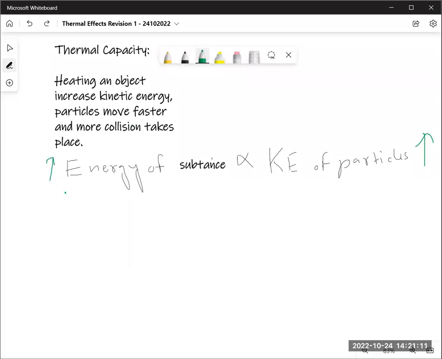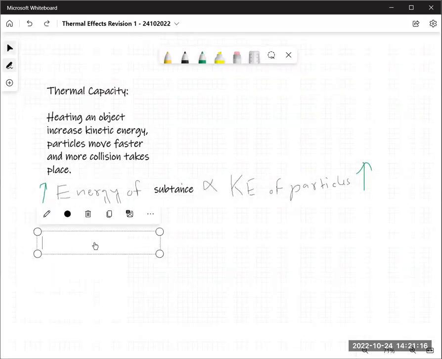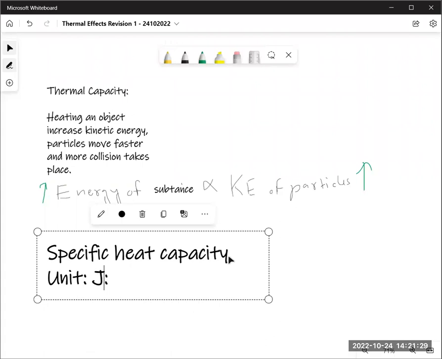Now, all of that you don't have to write. Let's start from here: specific heat capacity. You have to write this. The unit is joule per kg or joule per gram.